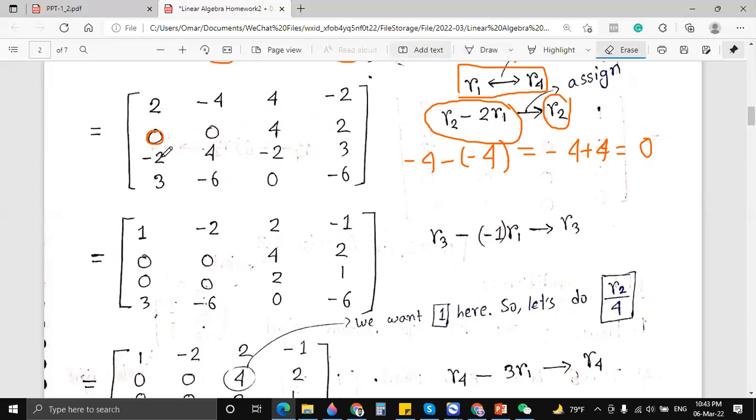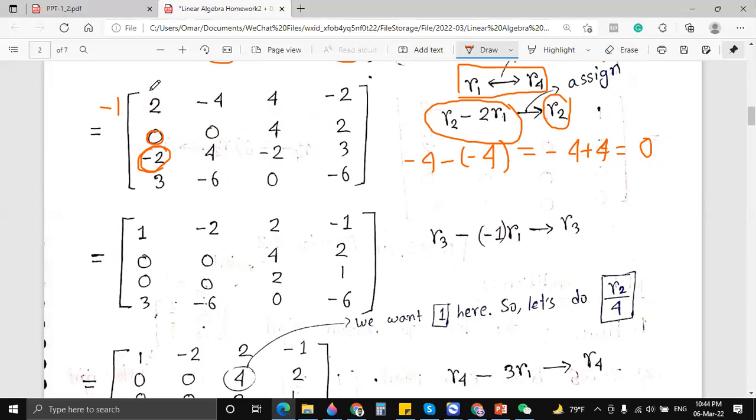So now let's see how we can make this minus 2 as 0. For this reason, we need to make this 2 and this minus 2 the same. To make them the same, we need to multiply the first row by minus 1.